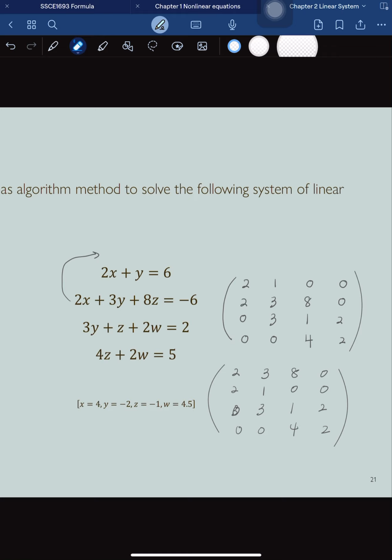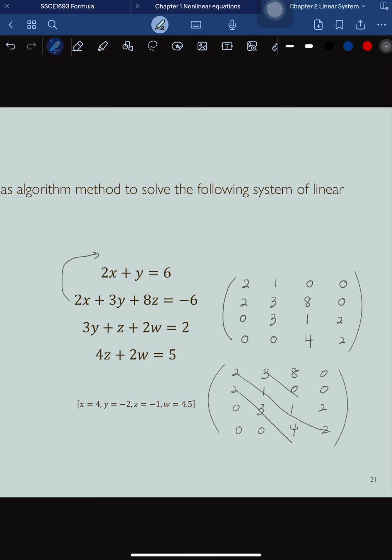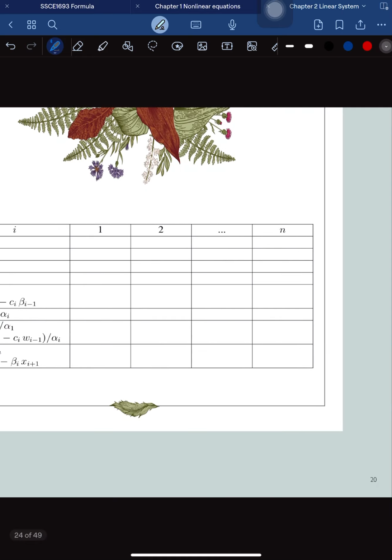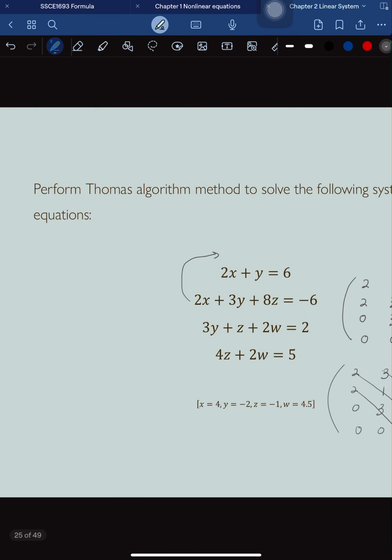Okay, so look at this matrix. If we look at this matrix, this is not tri-diagonal. Yes, here we have the value, but the problem is here. So this is not the tri-diagonal matrix.